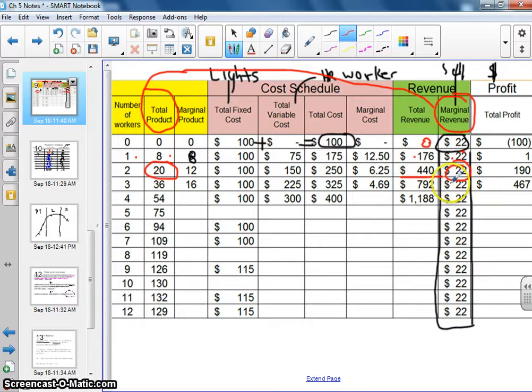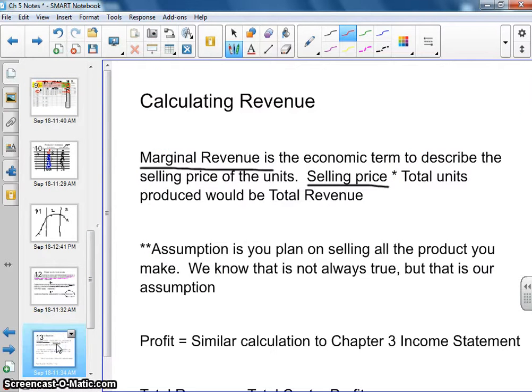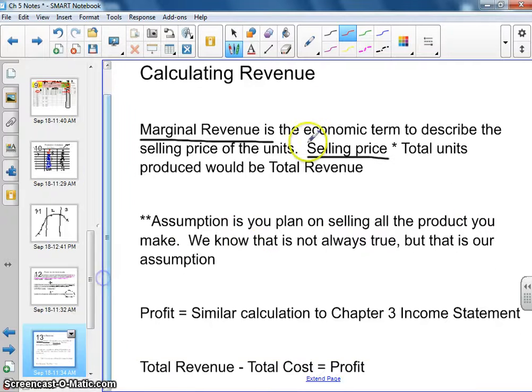And you would just kind of work down the grid, taking your marginal revenue, multiplying it by your total product. Again, the assumption is you're going to plan on selling everything that you make, although we know it's not necessarily true.